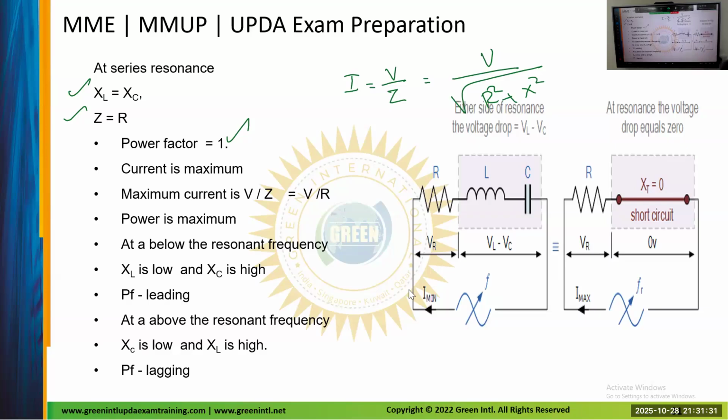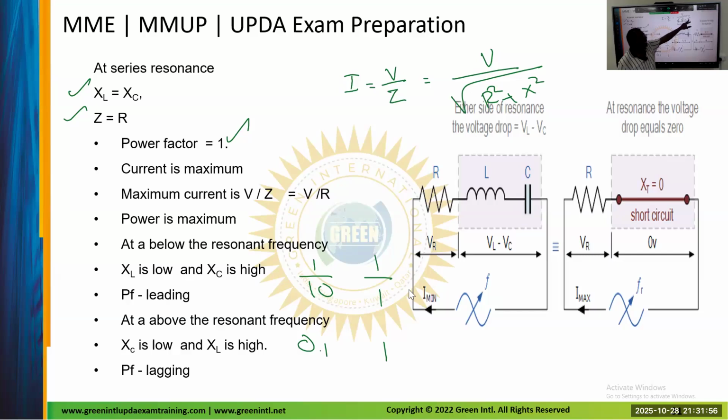So the denominator is reduced, meaning the value increases. For example, 1 by 10 becomes 0.1, and 1 by 1 becomes 1. So when the denominator reduces, the value increases.